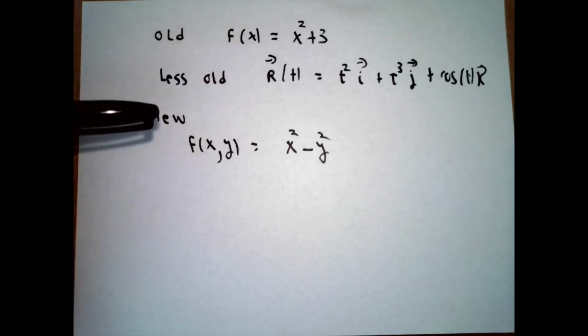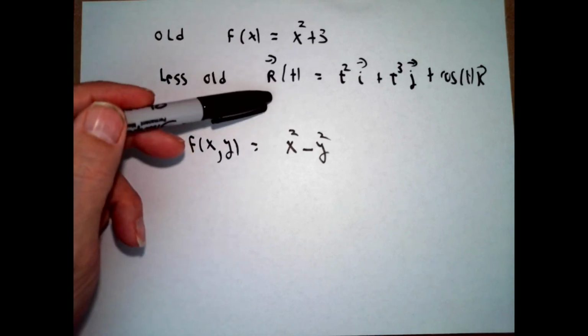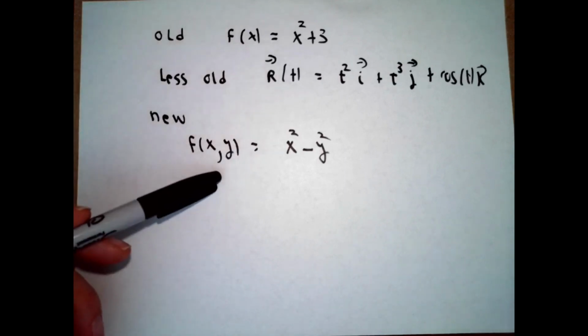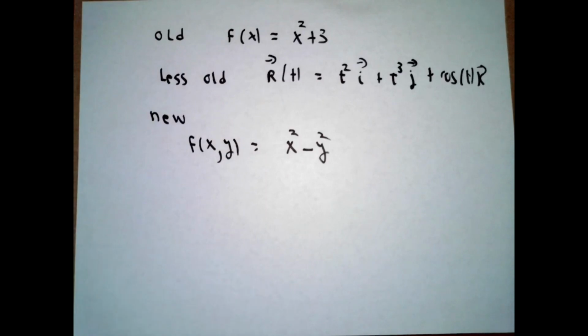This is something familiar to us from Calc 1. More recently, we've had vector-valued functions, but now the kind of thing we're going to look at is x and y go in as inputs, and a number, in this case x squared minus y squared, comes out as output.